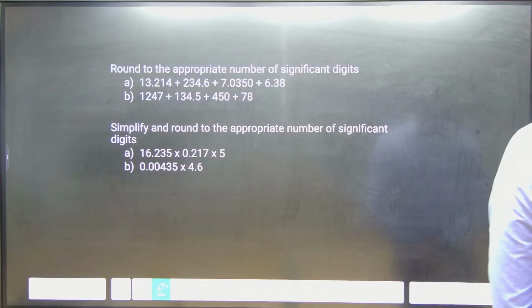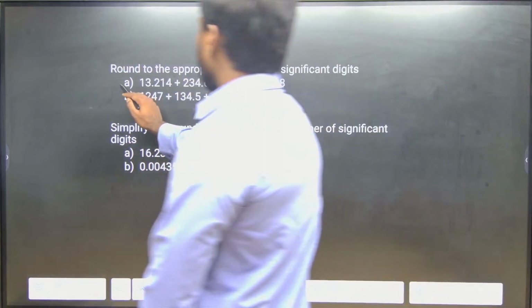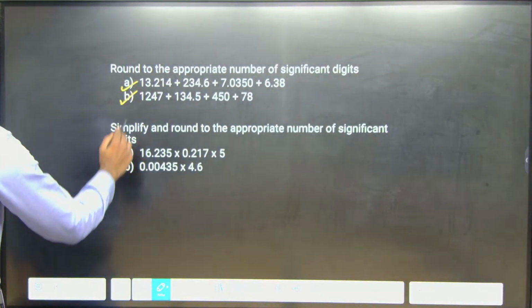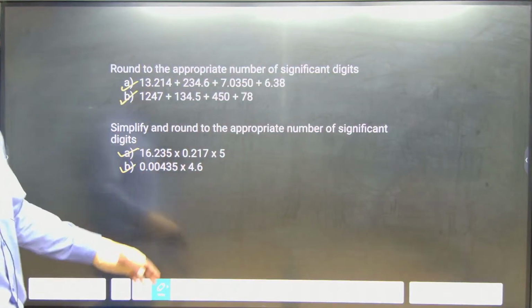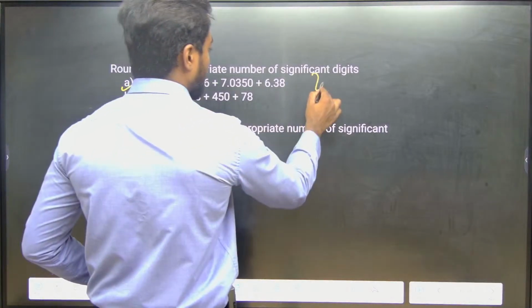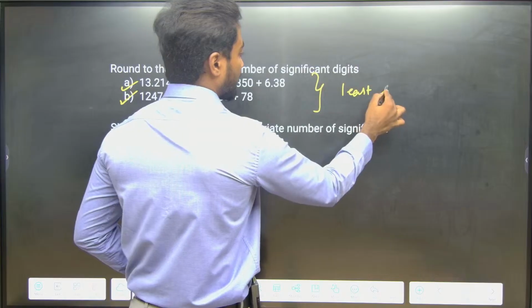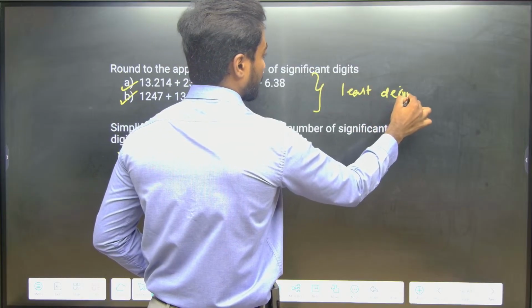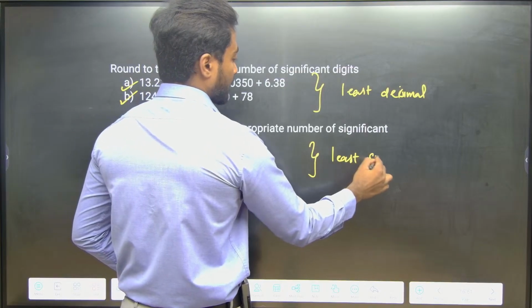Take 2 minutes and give a try for 2 questions on addition or subtraction, and 2 questions for the second one. In this I will give the trick: for addition and subtraction use least decimal, and for multiplication and division use least significant.